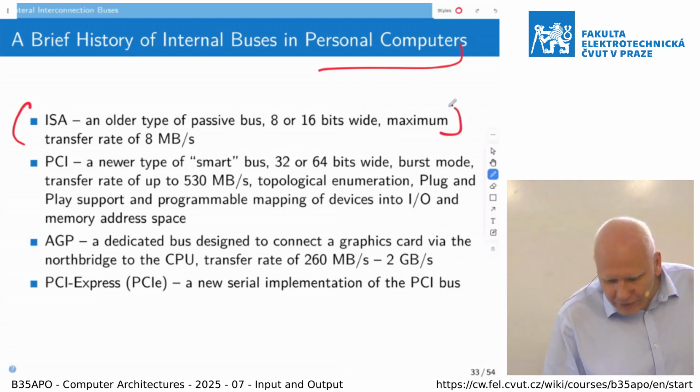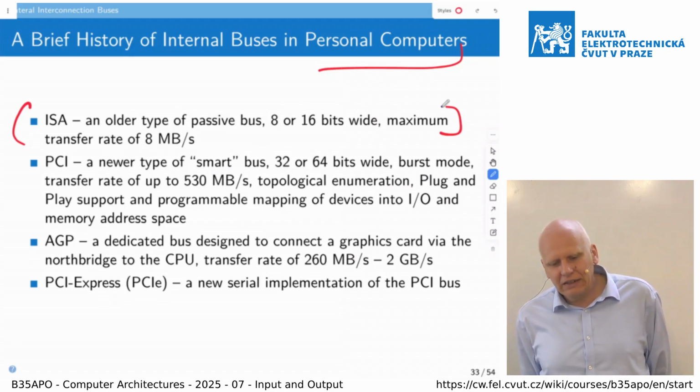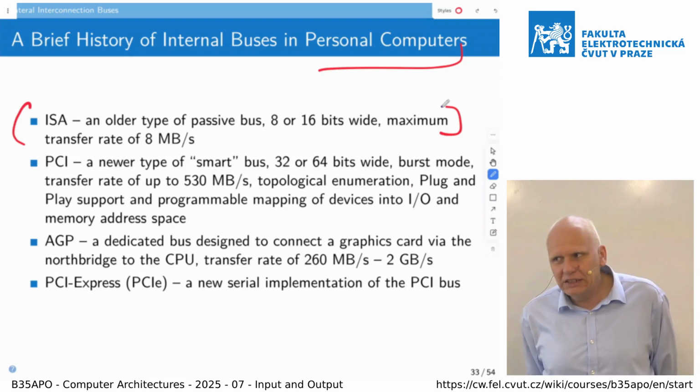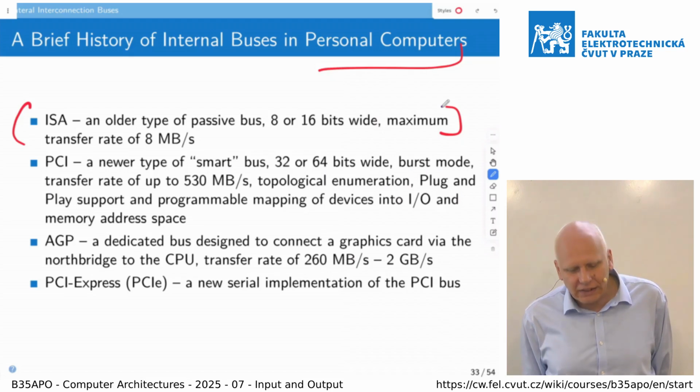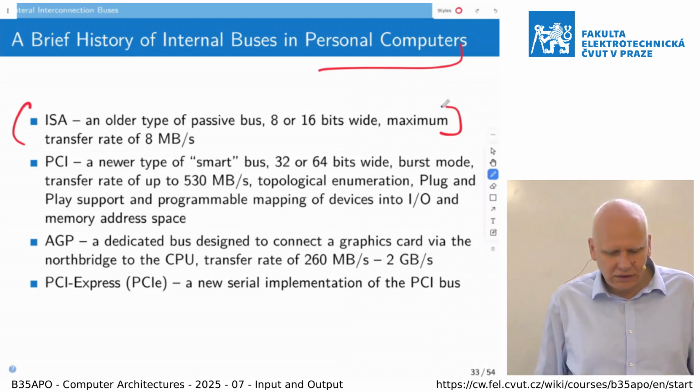Because they opened the design, it allowed other companies to develop and connect add-on boards, which was a big advantage of the PC architecture, that it allows connecting other devices and so on.